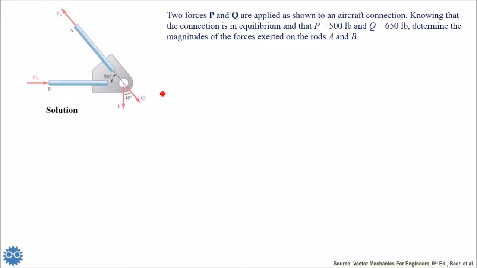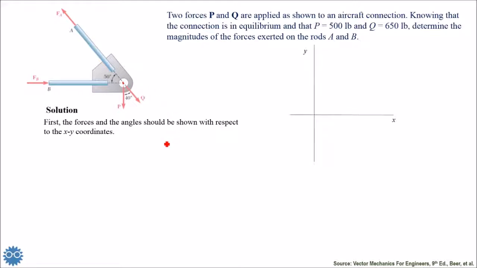Now, first of all, let's step by step construct, or put, the forces, because we have a point here where the forces coincide together, so we can represent the forces on xy coordinates, the horizontal and global xy coordinates.